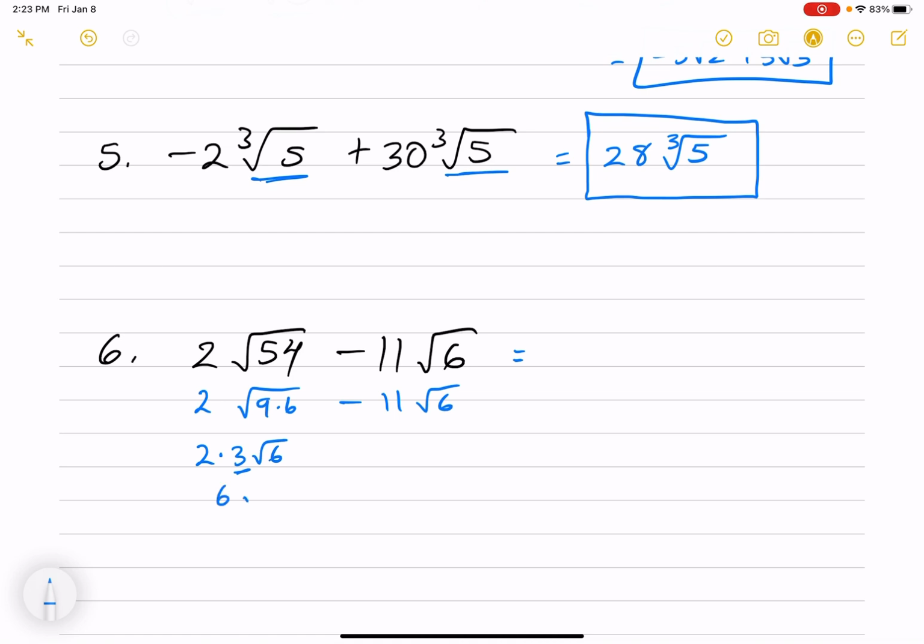And so that's going to give us 6 square root of 6. And so what we do here is we have 6 square root of 6 minus 11 square root of 6. Think about it as, you have 6 of something minus 11 of something. That's going to give us negative 5 of that same thing. And that's how you simplify these type of radicals.